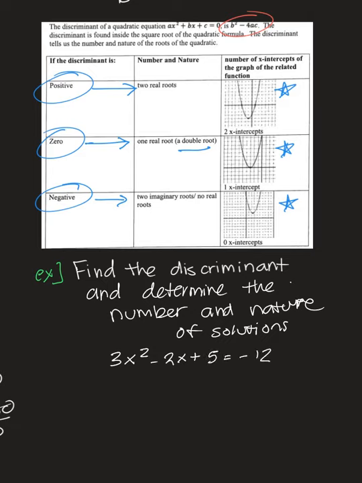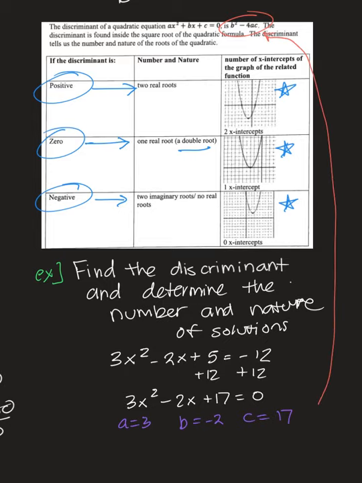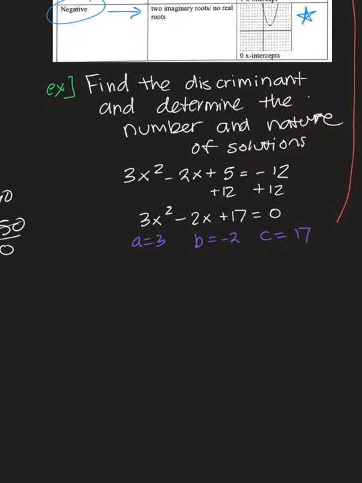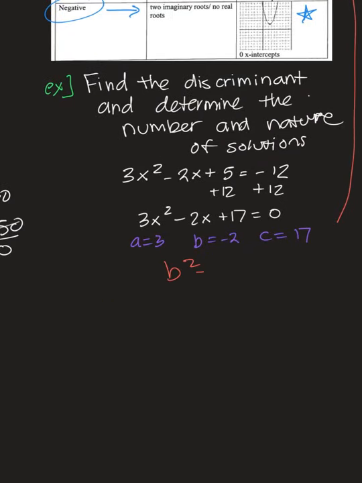Just like when we're solving, we need to make sure that our quadratic is set equal to 0. So we're going to add 12 to both sides, giving us 17. And then also we're going to start off writing out our a value, 3, our b value is negative 2, and our c value is 17. Now, this one, we only need to use the discriminant formula from above, b squared minus 4ac, not the whole entire formula.